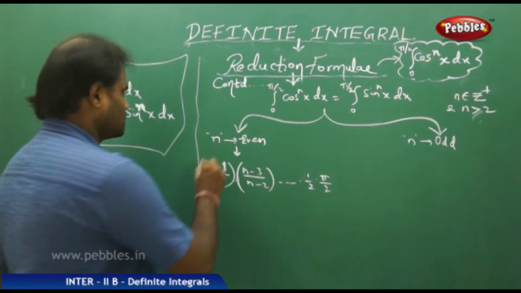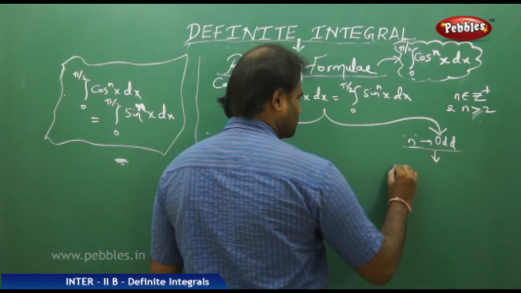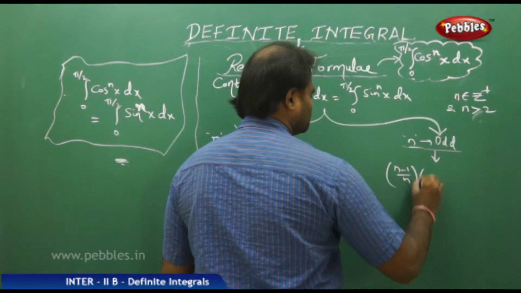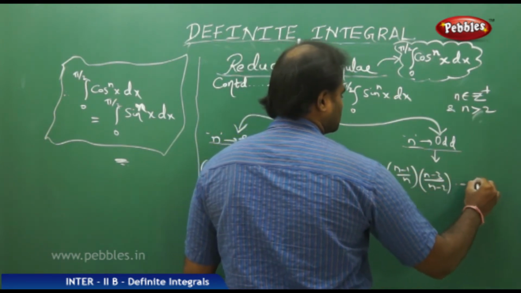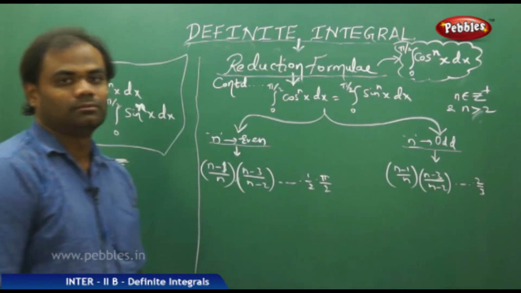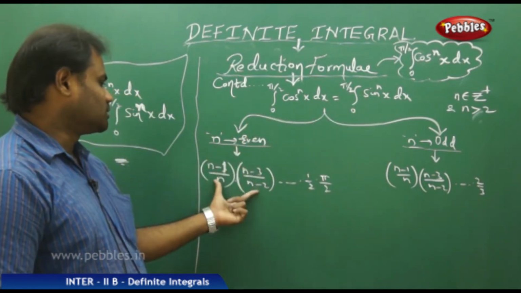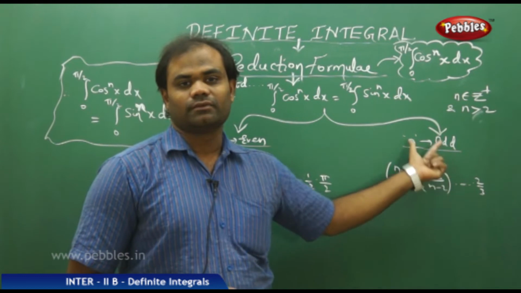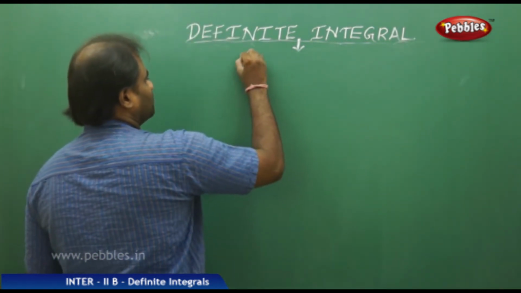If n is odd, this will be n minus 1 by n, n minus 3 by n minus 2, and so on till 2 by 3. Therefore, integral of this is equal to integral of this, which is this when n is even and this when n is odd. Now let's see the related problems.